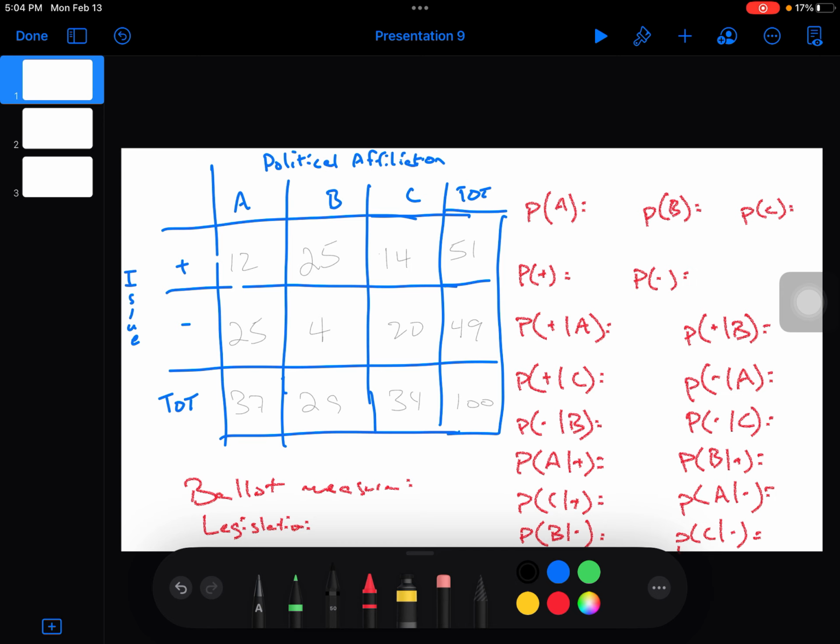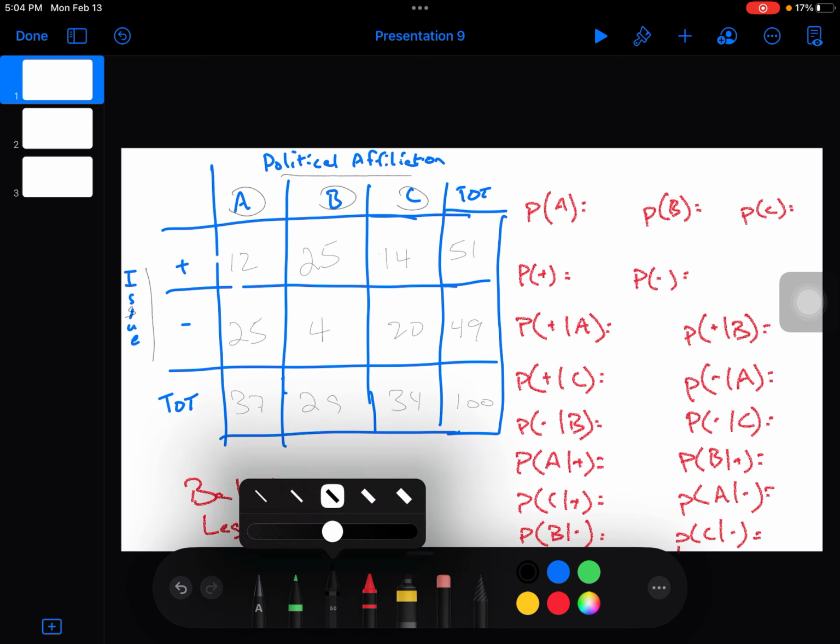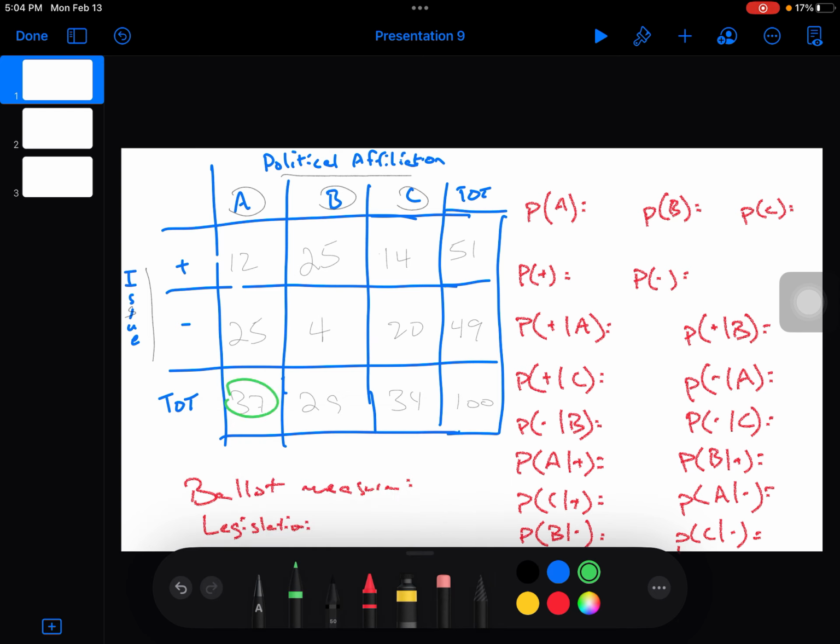In this one, imagine we have political affiliation on one axis and some issue on another. And we've got three political parties, A, B, and C. The basic rundown is that roughly 37% of the population identifies as Party A, 29% identifies with Party B, and 34% identifies with Party C. Those sum up to 100% of the population.